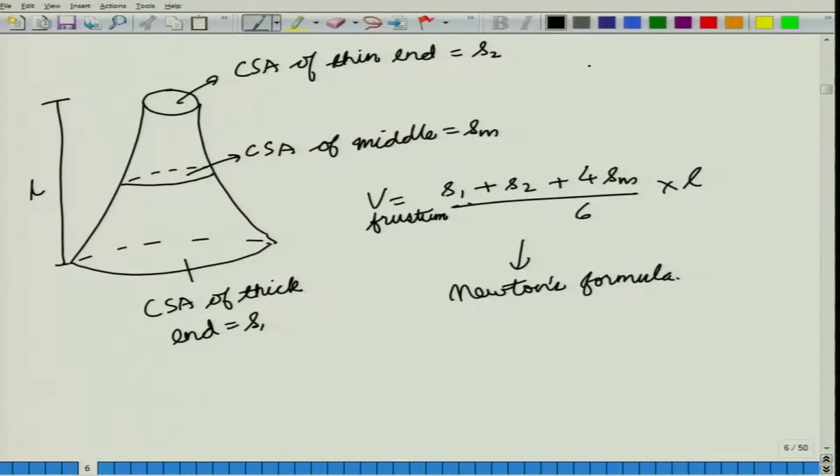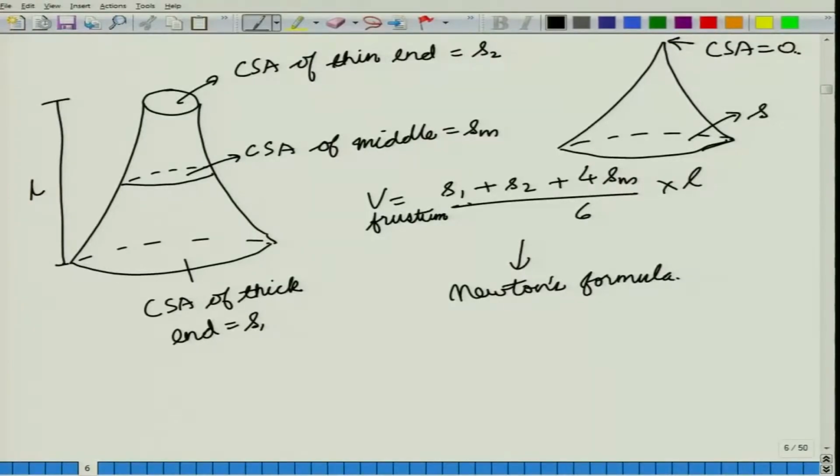Now, if we extended this frustum such that it became a full solid, with one end circular, with a cross sectional area of S, and the other being a point with a cross sectional area of 0, then what would be the volume of the complete neiloid?